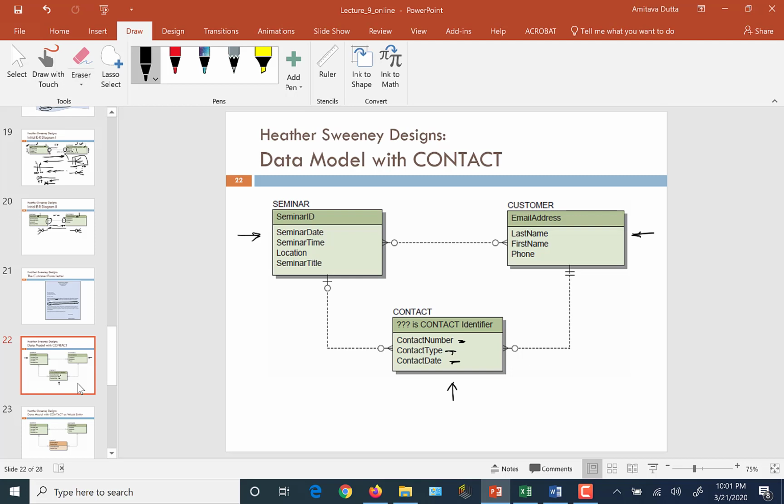So basically this entity here is an attempt to capture information about how Heather Sweeney has tried to keep in touch with customers, and what the mode of that particular contact was. Just as before, we have the attributes, but we haven't yet set up an identifier. We'll figure out the identifier a little bit later as we get more information.